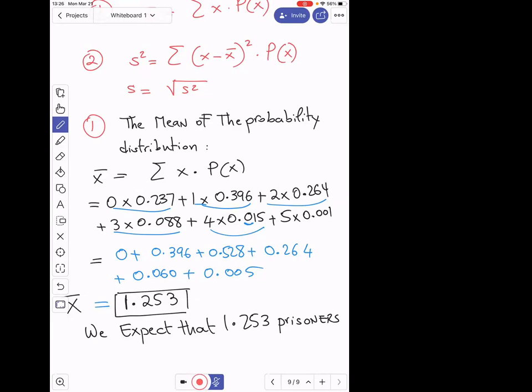So we expect at least 1 prisoner out of 5 who becomes a repeat offender. So what you need to keep in mind is that when we talk about the mean, that's the expected number of x. This is the expected number of x, wherever x is.